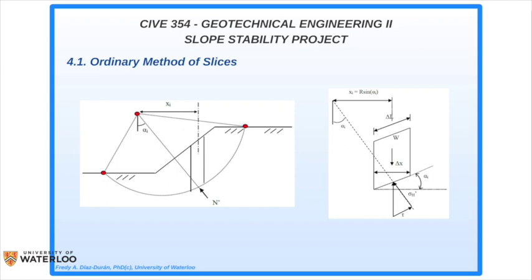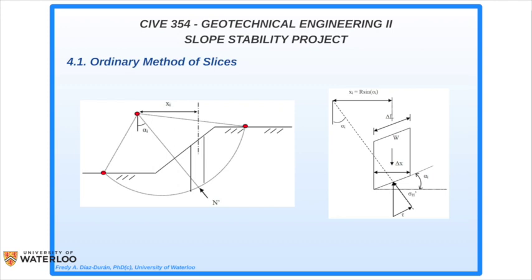So you can start using the software now, but at the end you guys have to do some numerical hand calculations. And to do hand calculations, you have to use this ordinary method of slices, that is going to be presented by Professor Cascante in chapter 4.